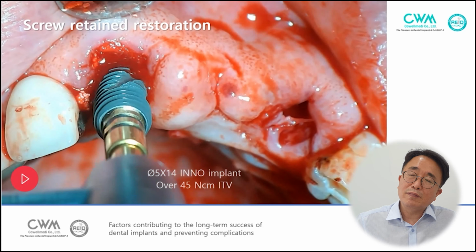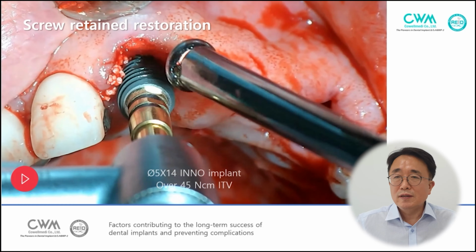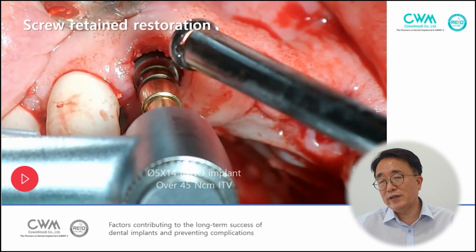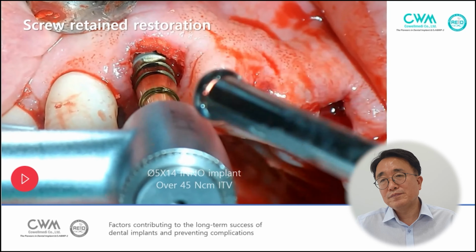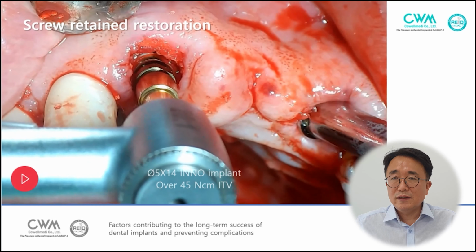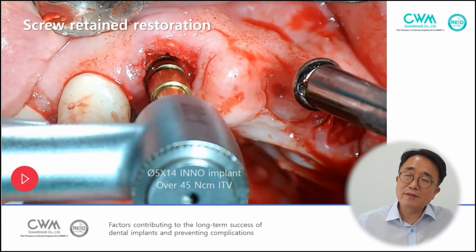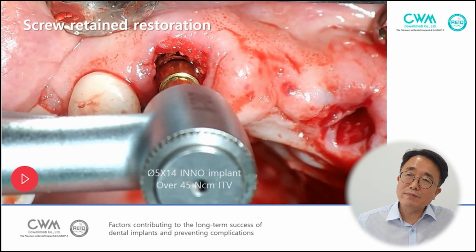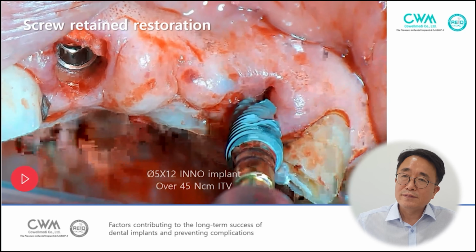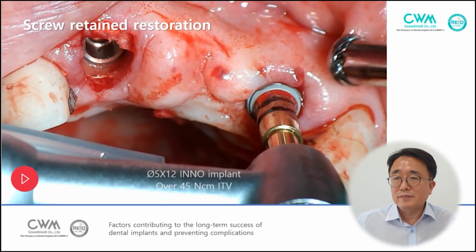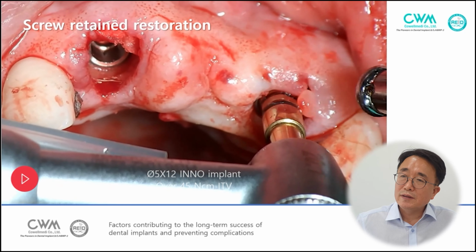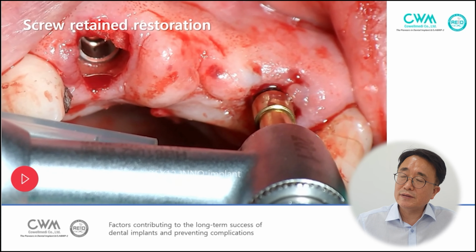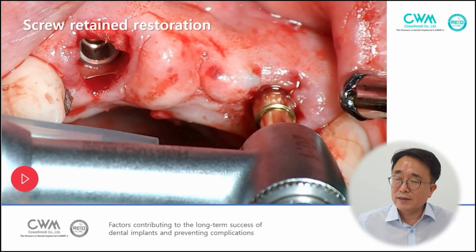Already the palatal wall is penetrated with the drill, and the implant is placed. And you have to check gingival depth about 4 or 5 mm. So we can identify this drill depth, implant depth.